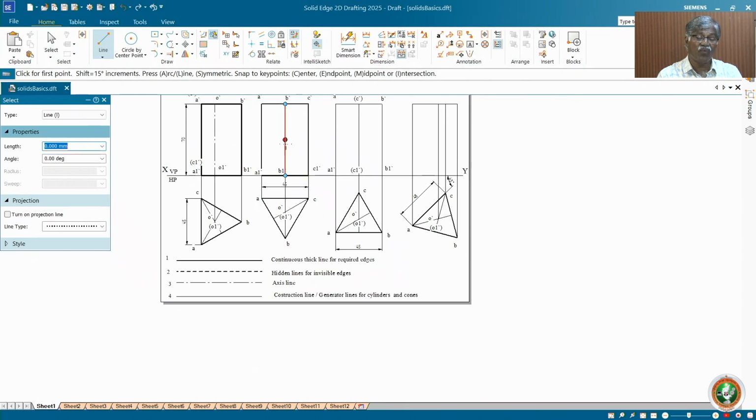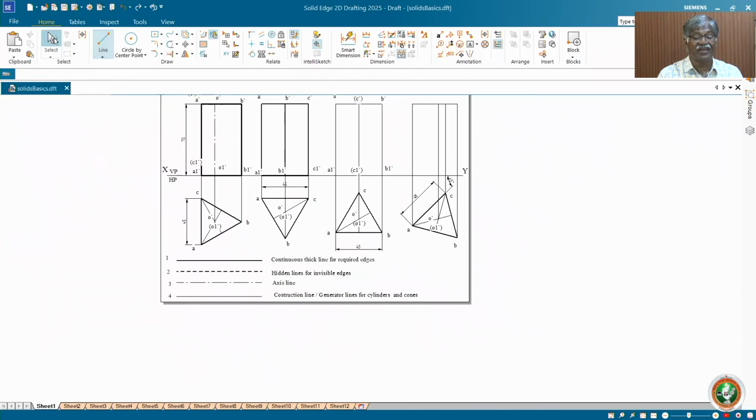There is no scope for hidden line, axis, etc. There are three major items. One is visible line, invisible line, and axis. So there is no scope for axis or hidden line here. Now let us come to this point. The last one which I explained earlier is this. Now A1 is visible, BB1 is visible, not CC1.